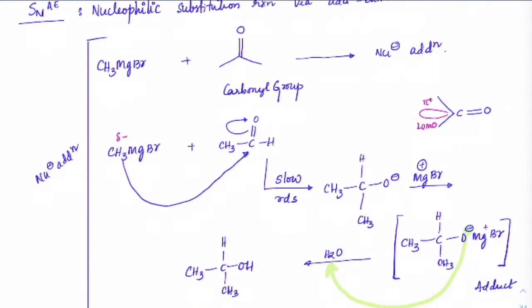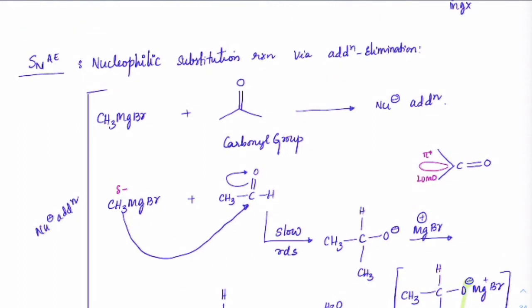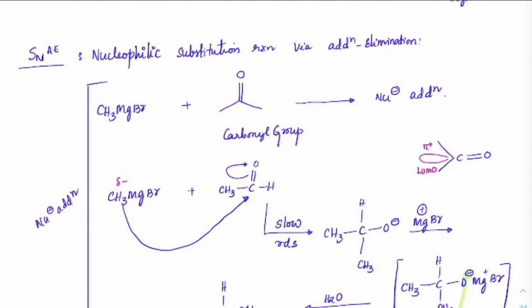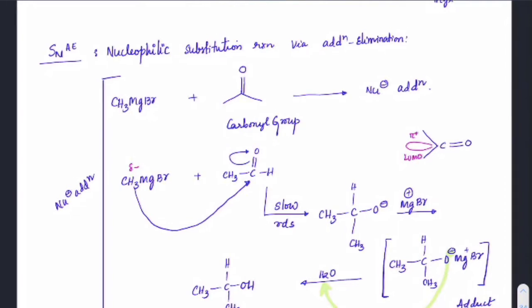Now suppose after addition, by some means an elimination step is also happening, then it goes for SNAE, which is addition elimination reaction. So let me write that overall reaction. I want you to first note this down. Suppose a nucleophilic addition step is happening first. Let me take R C double bond O in the carbonyl group.